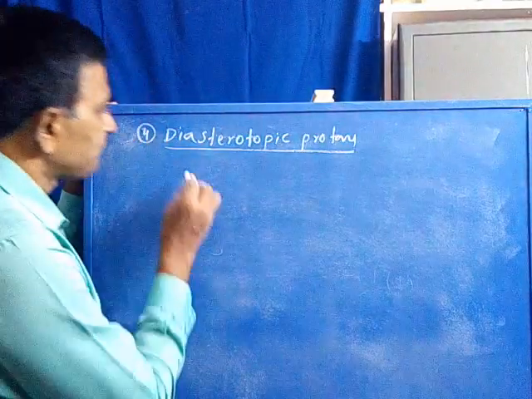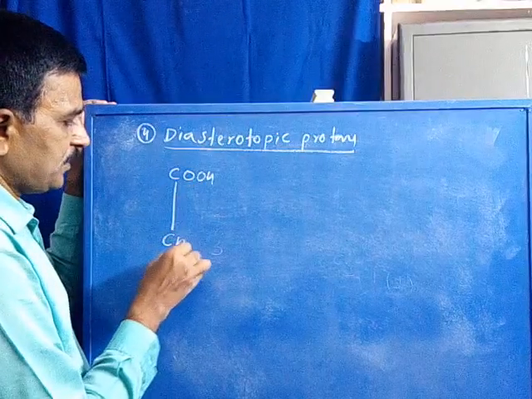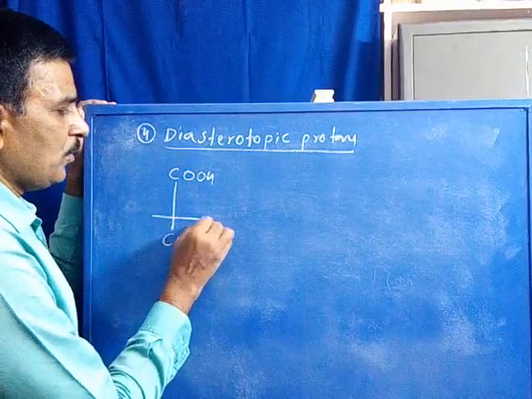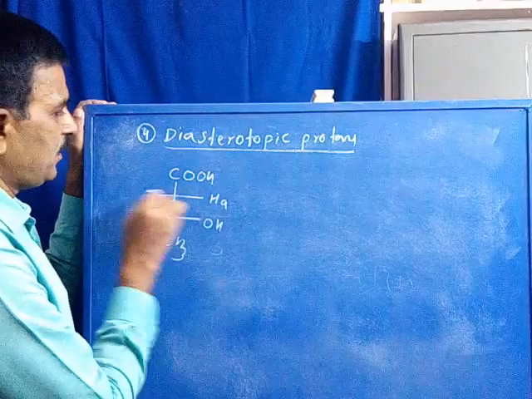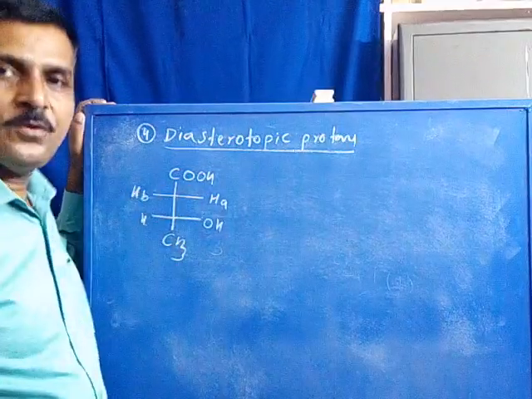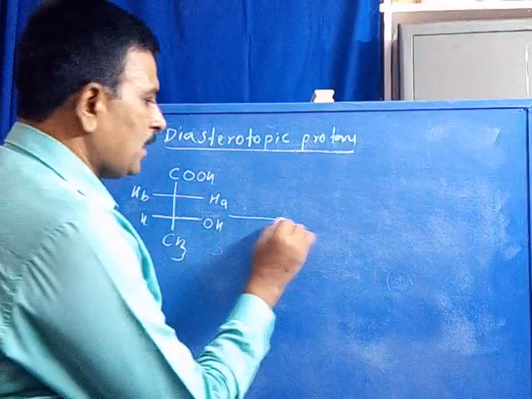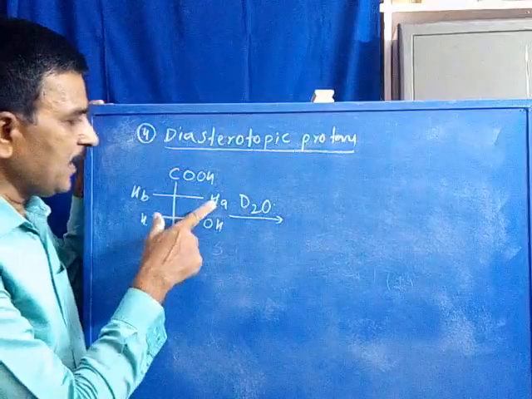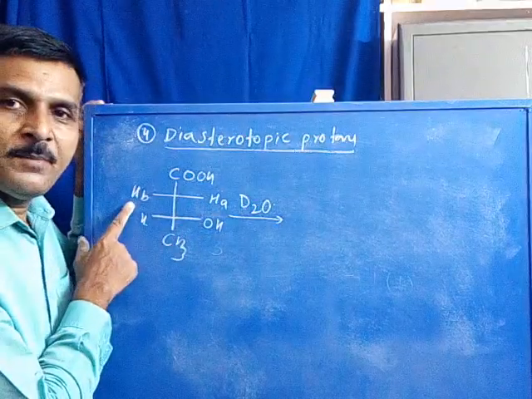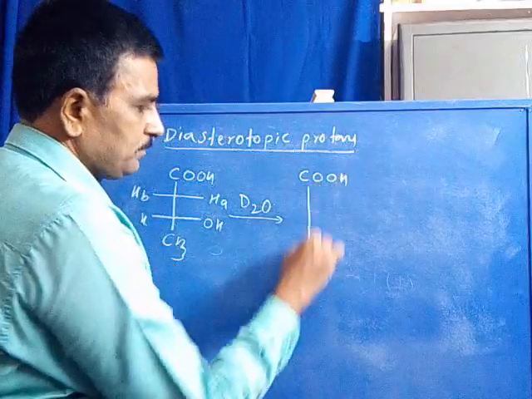Example: COOH, CH3, say OH, with hydrogen HA and hydrogen HB. This is A and this is B hydrogen. Treatment with deuterated water. Again A may be replaced or B may be replaced to get two isomers.